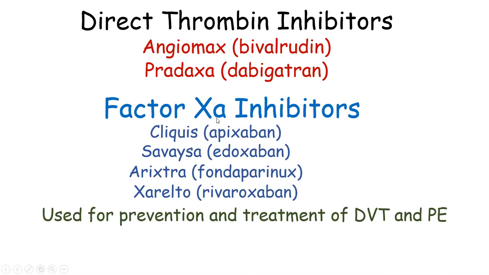Then there's factor Xa, factor 10A. There's just a series of events that occur toward coagulation. So we have Xarelto, that's the one advertised on TV, Arixtra, Savaysa, and Eliquis. They're used to prevent and treat deep vein thrombosis and pulmonary embolism.